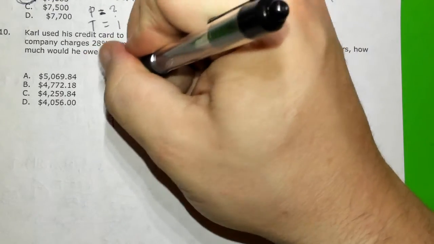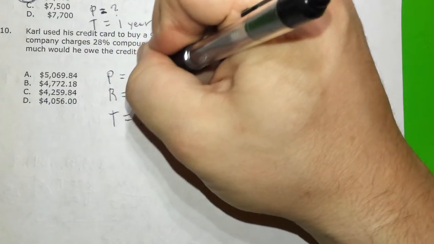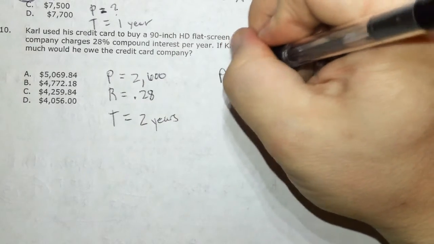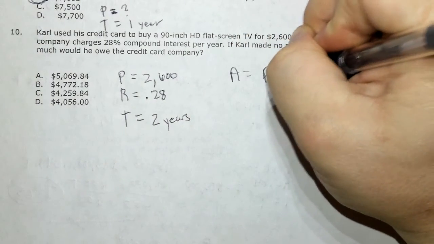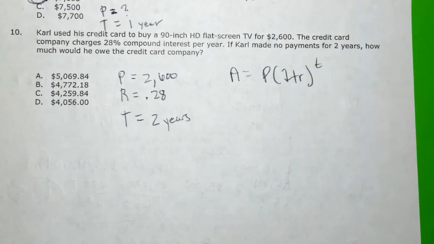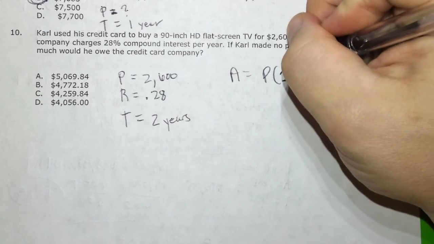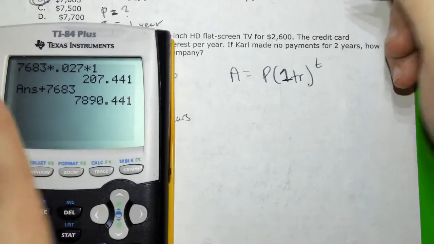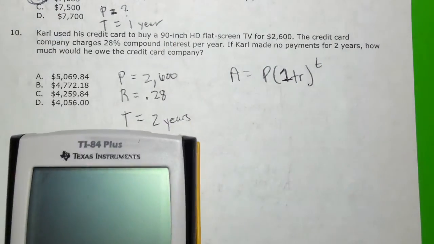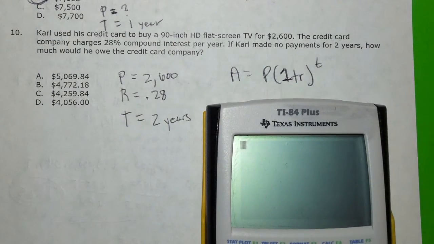The principal balance was $2,600 on the credit card. So A equals P times (1 plus R) to the T power. So we've got 2,600 times (1 plus 0.28) to the second power.